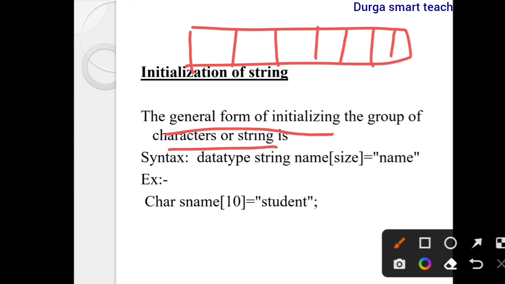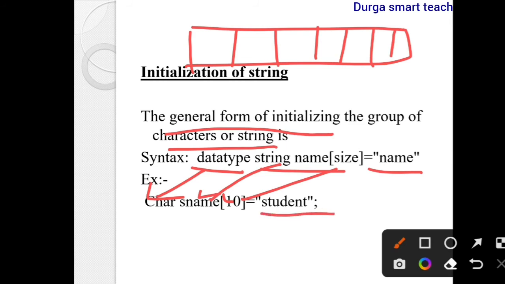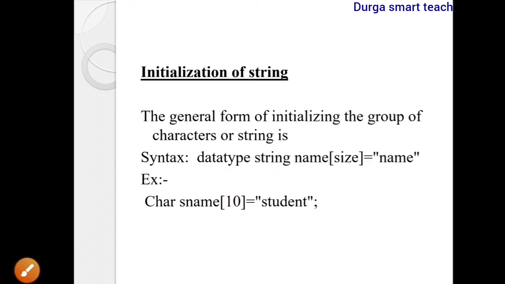So here: data type, string name, size equals value. Here the data type is char, the string name is name, size is 10, and I am storing STUDENT. In this way the values are allocated into the memory locations. Clear? Let's see one example.